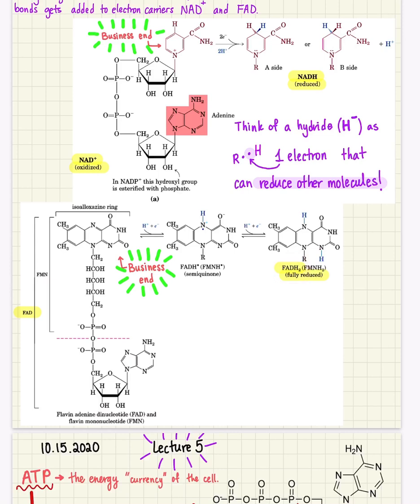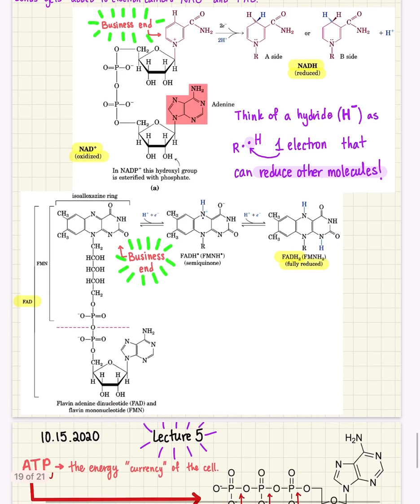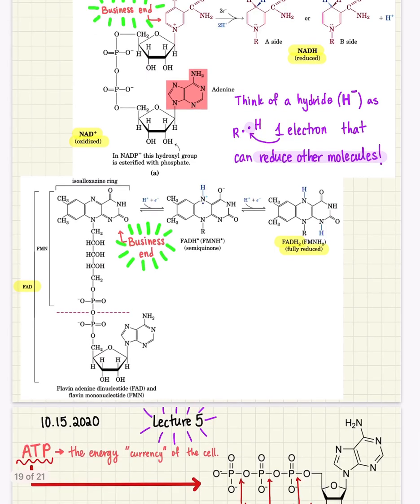Further in the quarter, we will go over metabolic pathways that actually use NADH and FADH2 and use their hydride to be able to reduce other molecules. So that's just something foreshadowing for the rest of the quarter for you to think about.